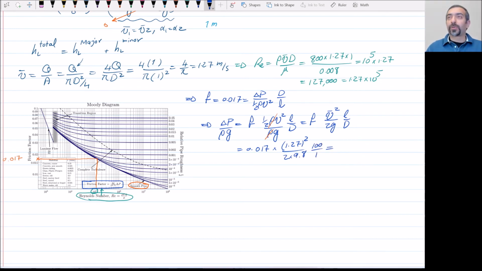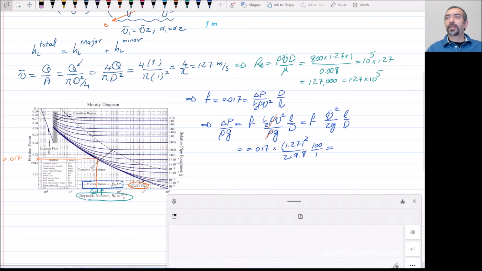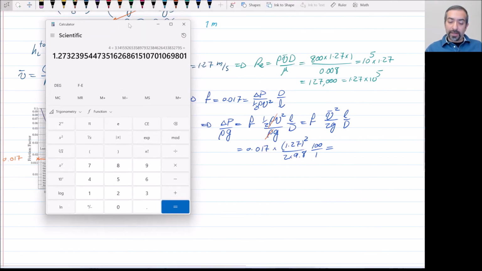and diameter is 1. So let me bring the calculator here, and let's see what we get.